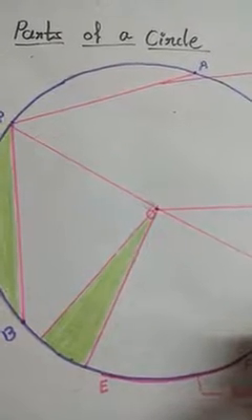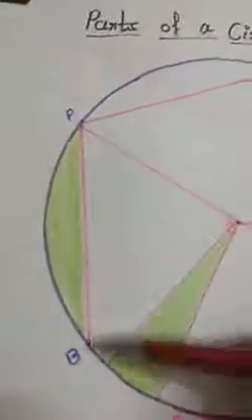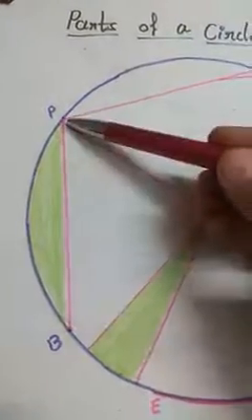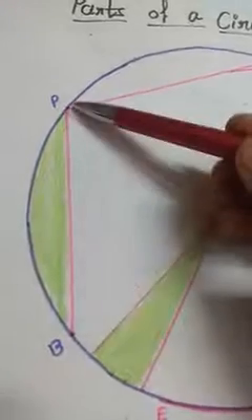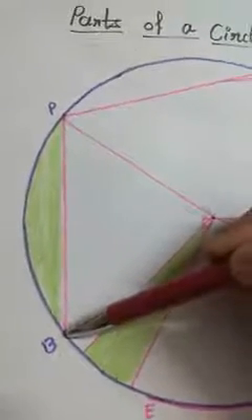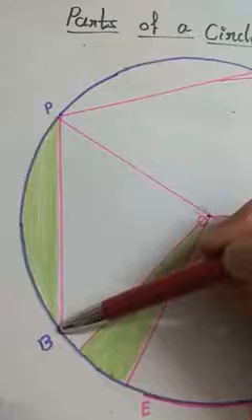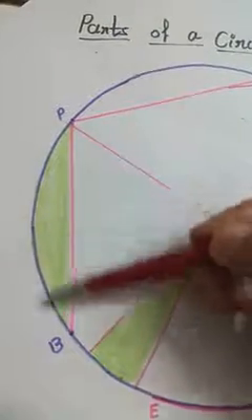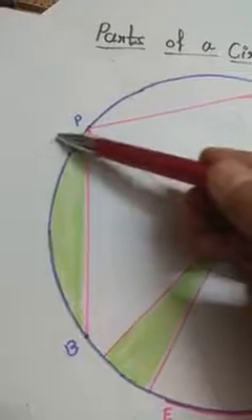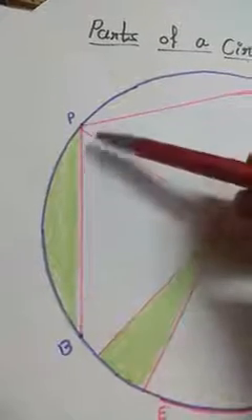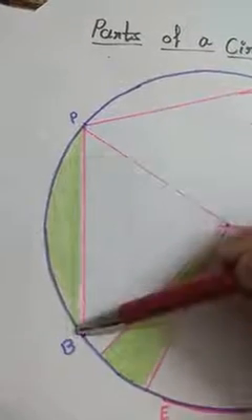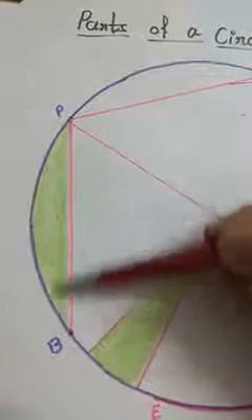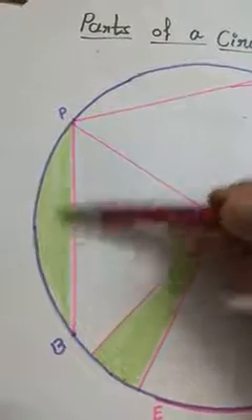Then what is a segment? This is a chord. Okay. What is a chord? The line joining any two points on the circle is said to be a chord. Then a segment is the part or region in the interior of the circle enclosed by an arc and a chord. So the area between a chord and an arc is said to be a segment.